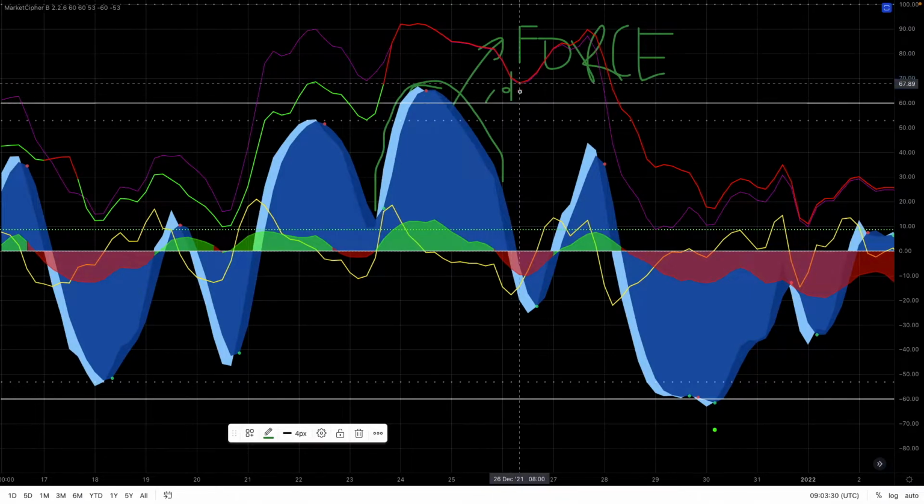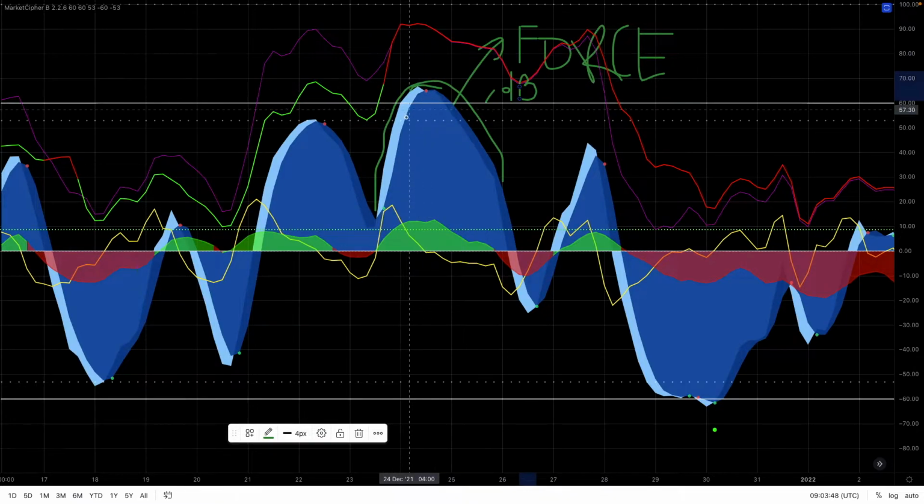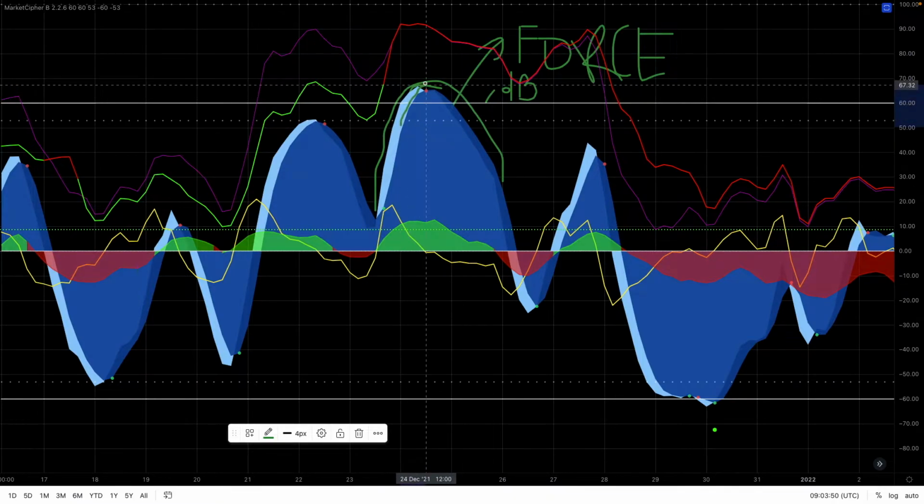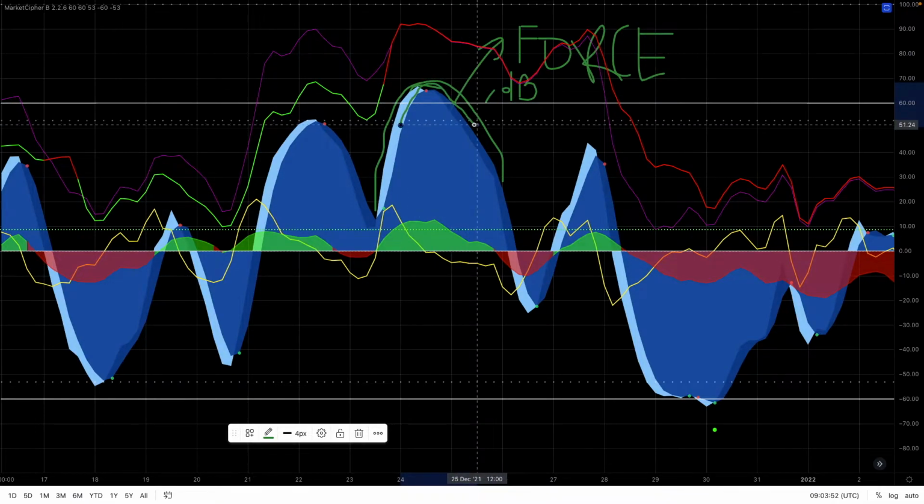Market Cipher tracks that for you, so that you realize the price of an asset is not reflecting its true value. It's been overbought. There's so much money being pumped in, and it has to be corrected. So anytime you see momentum heading towards that region, it means there's a correction coming.